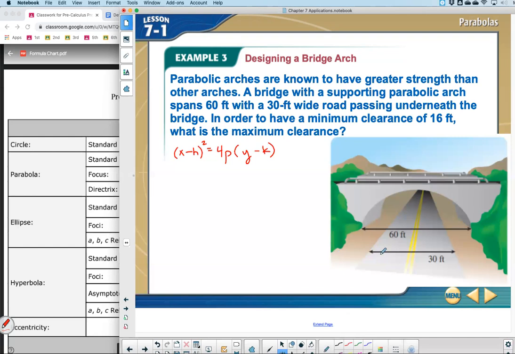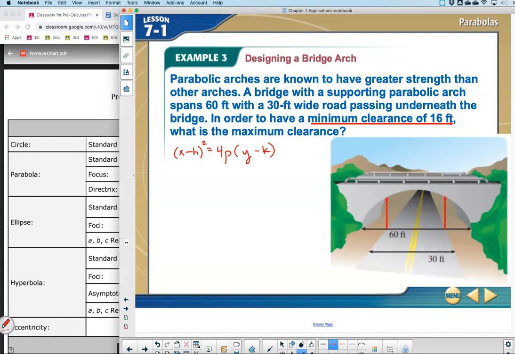Now in their image, they labeled a few of the values, but they did not label some others. What it said is the minimum clearance, so that no matter where you are on the road, you have at least 16 feet. I'm going to label that here with a red line. If the minimum clearance is 16 feet, that means on the side of the road, and I'm going to use this line as the front of the tunnel, at the very side you have a 16-foot high parabola.